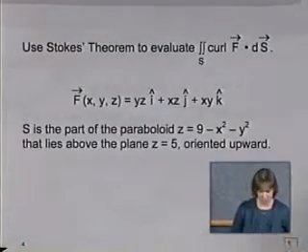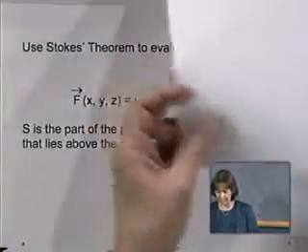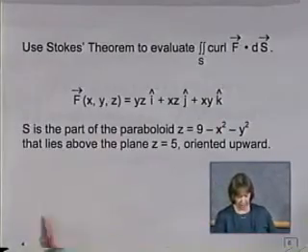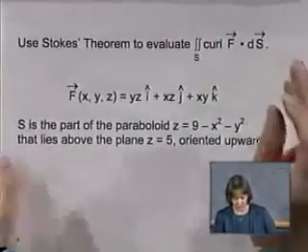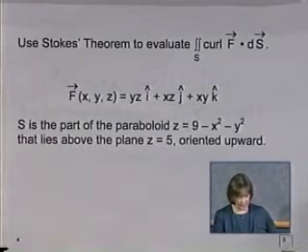The next one we want to do is use Stokes' theorem to evaluate the integral of the curl of F dot dS, where F is given by yz i plus xz j plus xy k, and S is the part of the paraboloid z equals 9 minus x squared minus y squared that lies above the plane z equals 5, oriented upward.